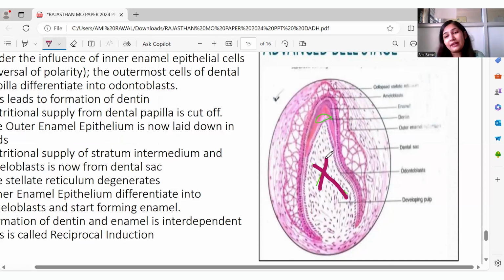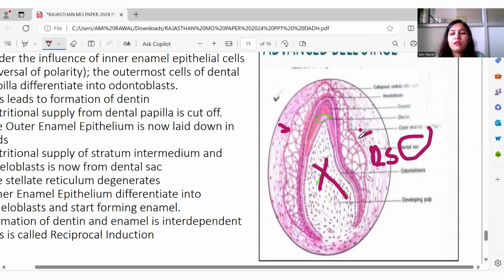For metabolic activity, they need nourishment, nutrition. From where will they get nourishment? Inner enamel epithelial cells. Otherwise, they won't be able to convert into ameloblast and enamel won't be formed. So now they will receive nourishment from dental sac. This is dental sac. They will receive nourishment from dental sac.